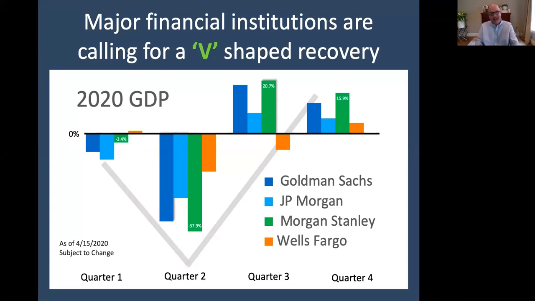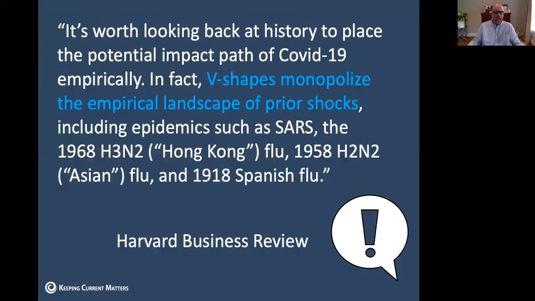So let's look at a couple of places that we have followed to give a little bit of context to this V-shaped recovery. The first slide I want to hop in here is the Harvard Business Review. It says here, it's worth looking back at history to place the potential impact path of COVID-19 empirically. In fact, V-shapes monopolize the empirical landscape of prior shocks, including epidemics such as SARS, the H3N2 and H2N2 flu, and Spanish flu. What are they saying here?